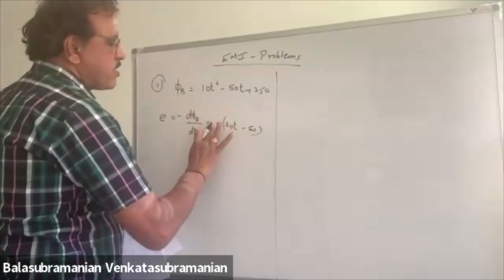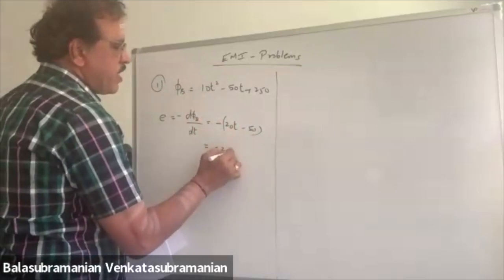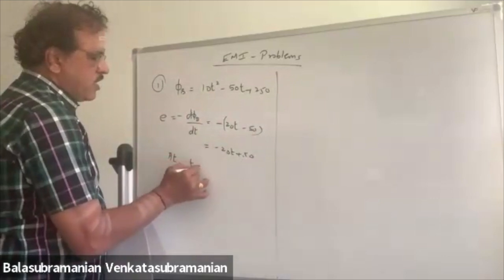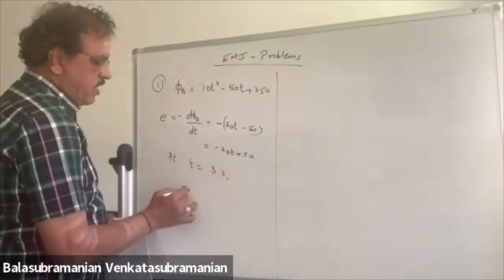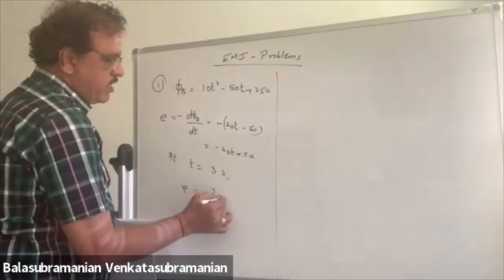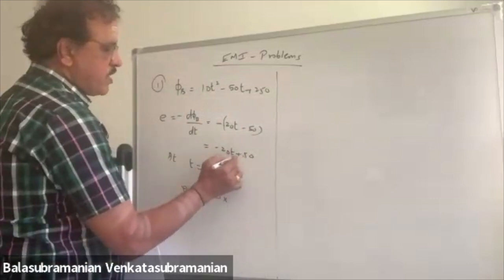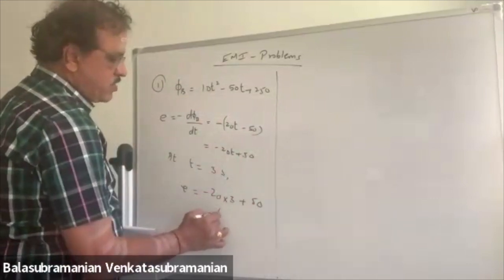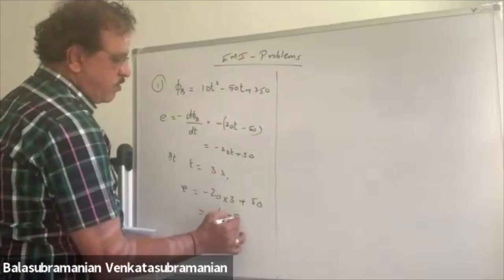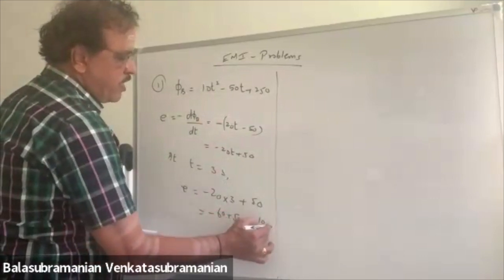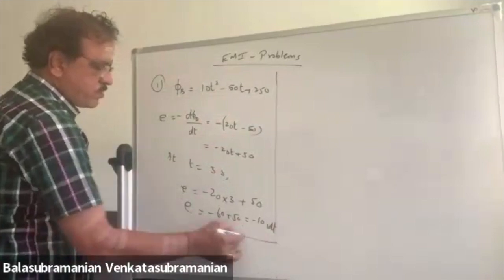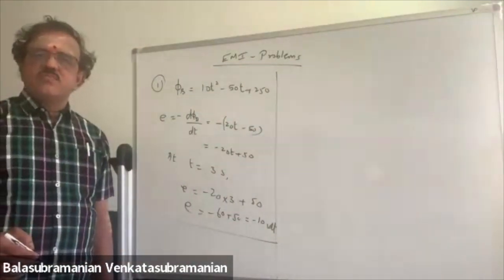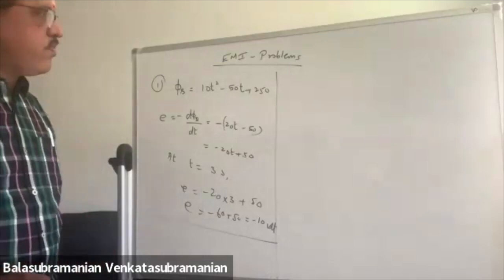Outside minus, so it is minus 20t plus 50 is the EMF. At t is equal to 3 seconds, EMF will be minus 20 into 3 plus 50. So minus 60 plus 50, that should be minus 10 volt. So EMF is minus 10 volt. Okay, fine.